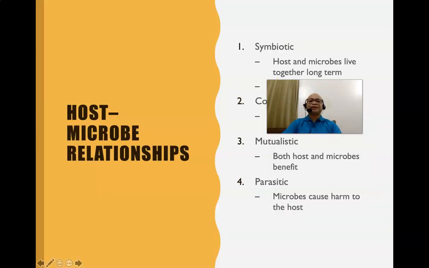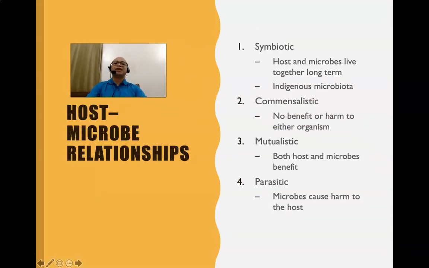Let's review the host microbe relationship. We all know for a fact that there are several kinds of relationships. When we say symbiotic, the host and the microbes live together for a long period of time. The most common example of symbiotic relationship happens between the human host and the indigenous microbiota.